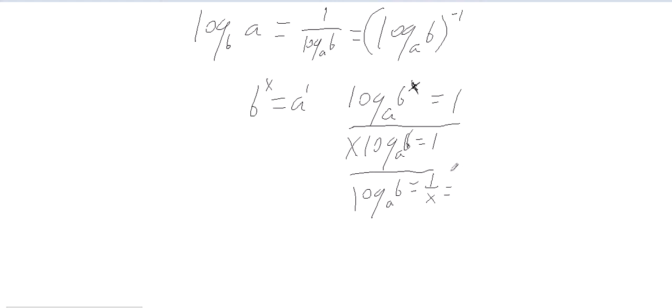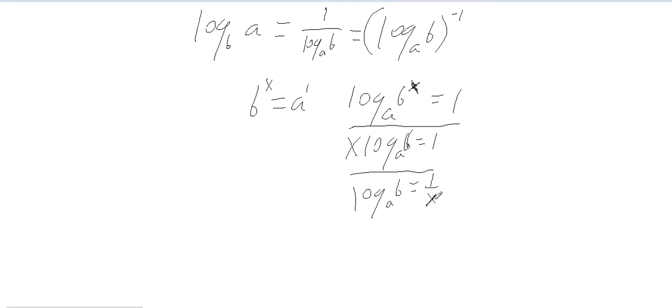Or, again, using what's below, we can rewrite this as x to the negative 1. Although we might want to keep it as this, so I'll just get rid of that real quick.